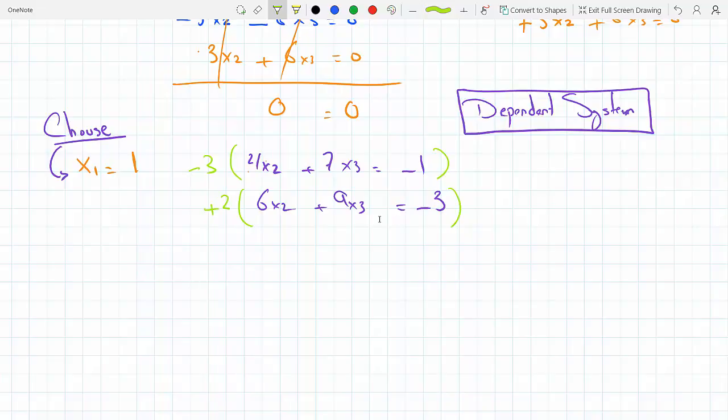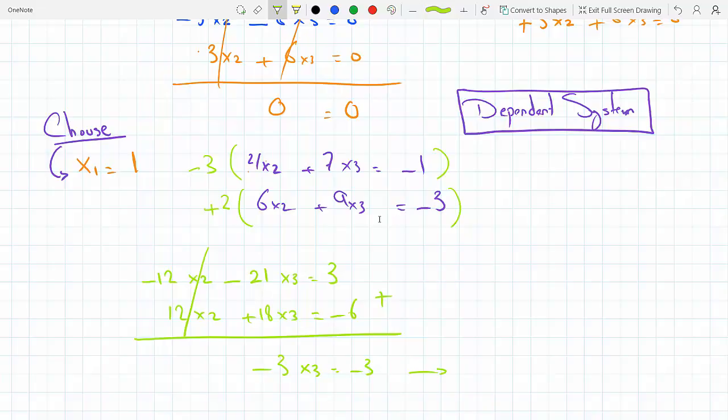So I would get on the first equation minus 12x2 minus 21x3 equals 3, and multiplying the second equation by 2, I would get 12x2 plus 18x3 equals minus 6. Now I would add the two equations, these go away, and we get minus 3x3 equals minus 3. So that means that x3 equals 1.